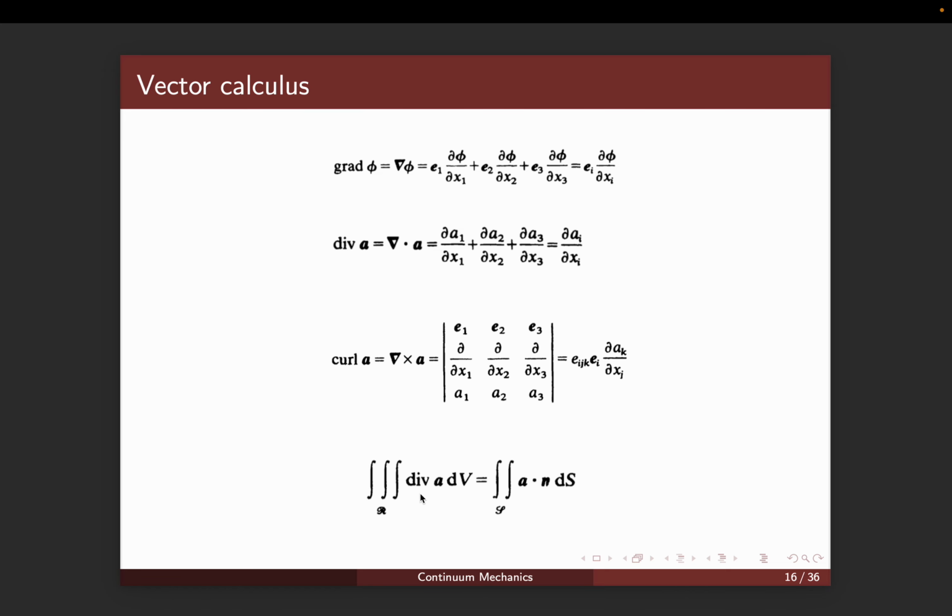So the divergence of the vector in a volume can be calculated through defining the vector on the surfaces. There is one more theorem, the Stokes theorem. Curl of a vector on a surface can be calculated by the vectors on the boundaries of the surface. That is the Stokes theorem.